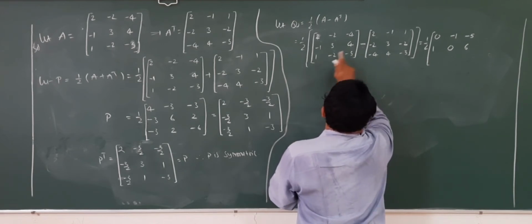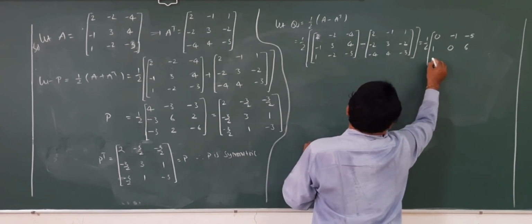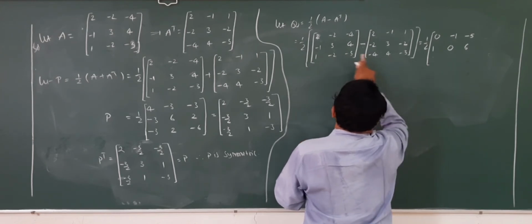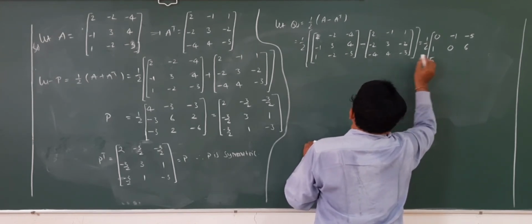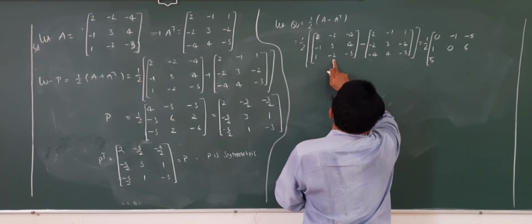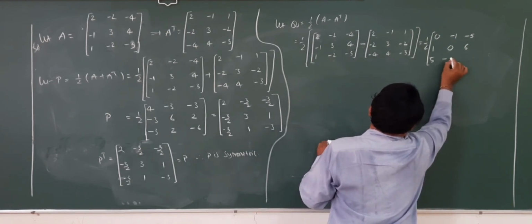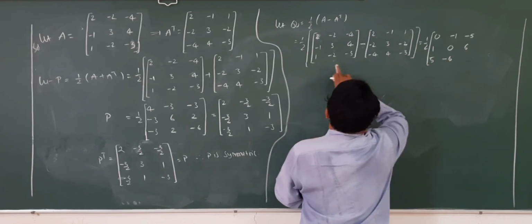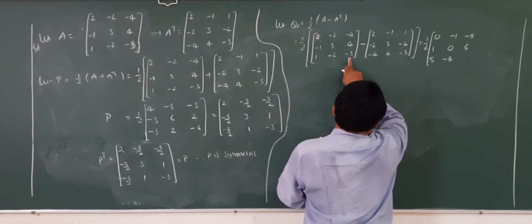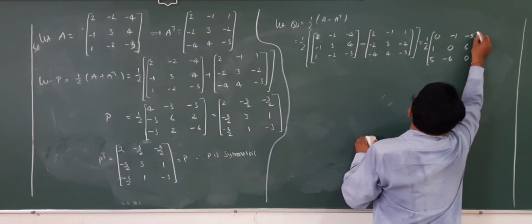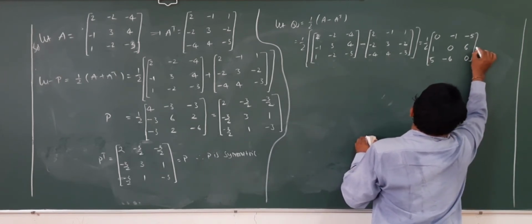Next, 1 minus of minus 1, minus of minus 4 plus 4, that will be 1 plus 4, 5. Next, minus 2 minus 4, the value is minus 6. And next, minus 3 minus of minus 3, the value equal to 0.